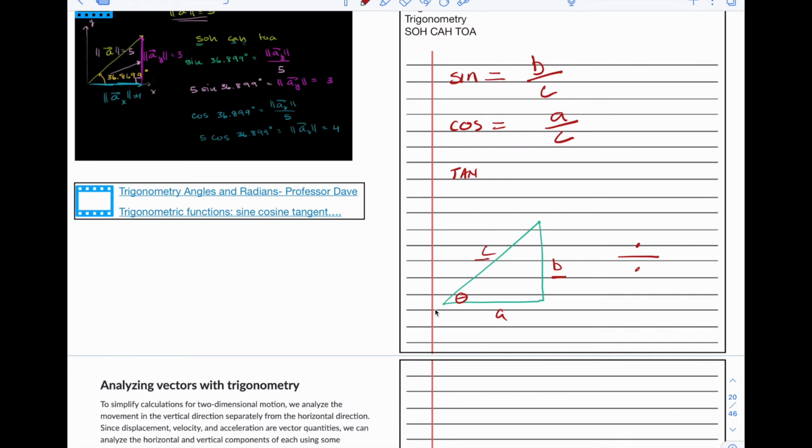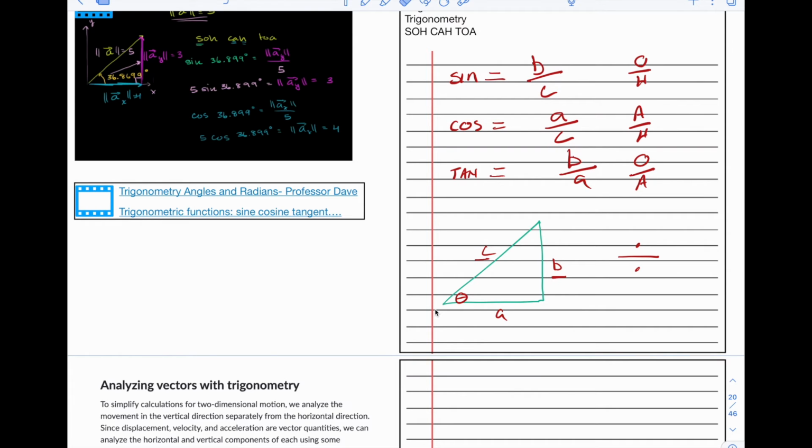For tangent, hypotenuse has already had a lot of attention. For tangent, it's actually going to be B over A, opposite over adjacent. So this one is opposite over hypotenuse, adjacent over hypotenuse, and the bottom one is opposite over adjacent.